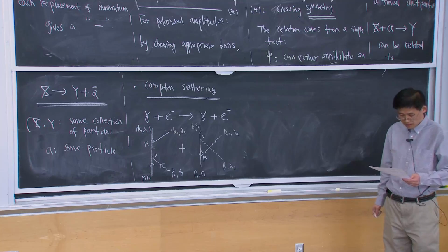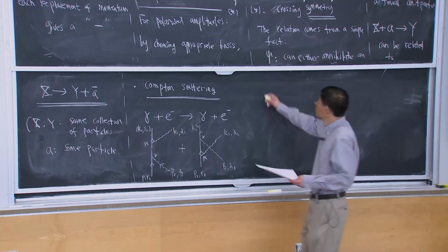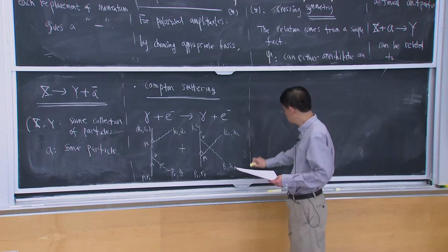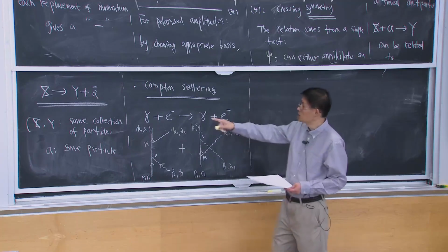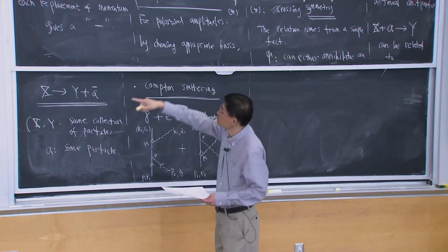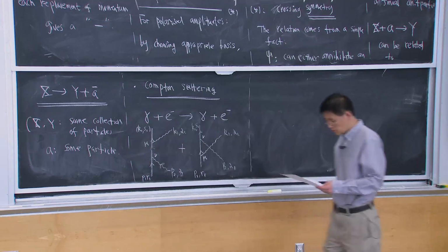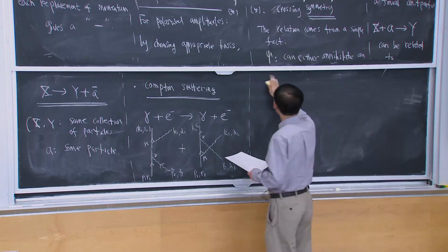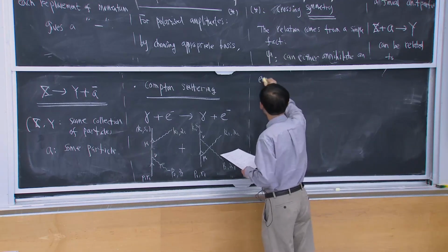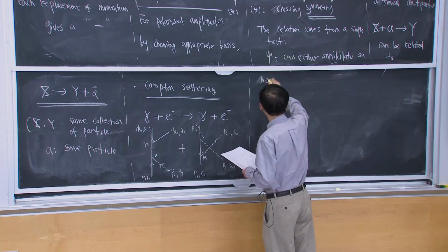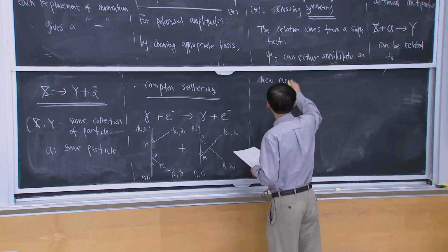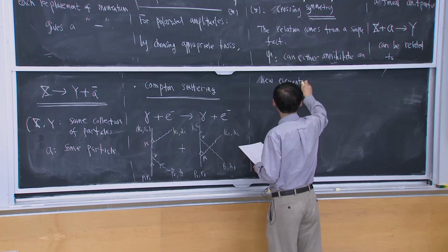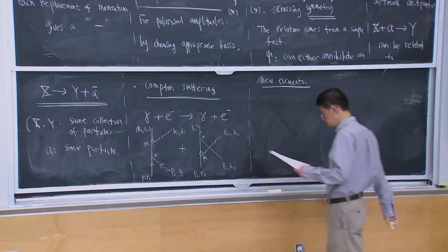Okay. So this process, compared to the e plus e minus one we considered, has some new elements. That's why this is a good example to look at.